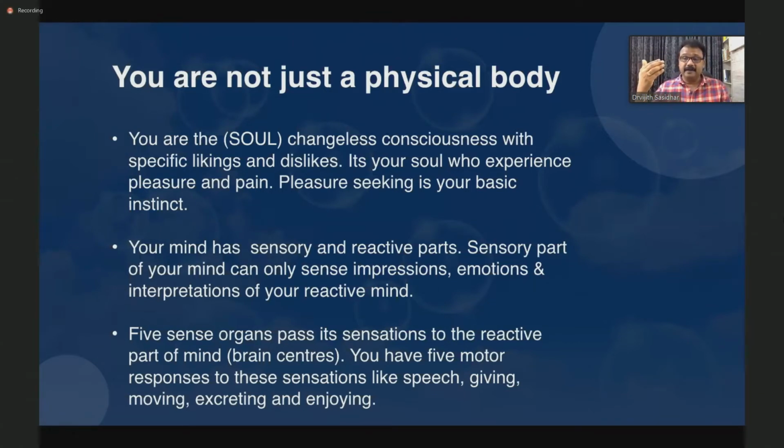And then that information is sent into your soul, and the soul decides to react according to its likings and dislikings, its memories, its tendencies, which comes out as your reaction.